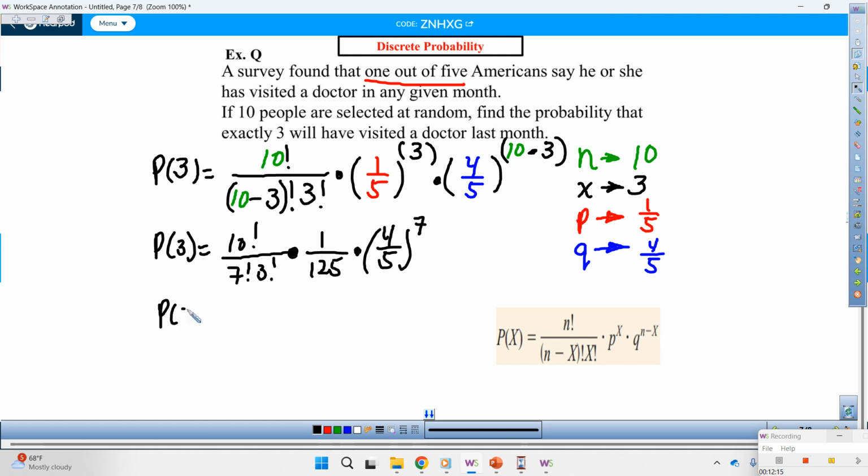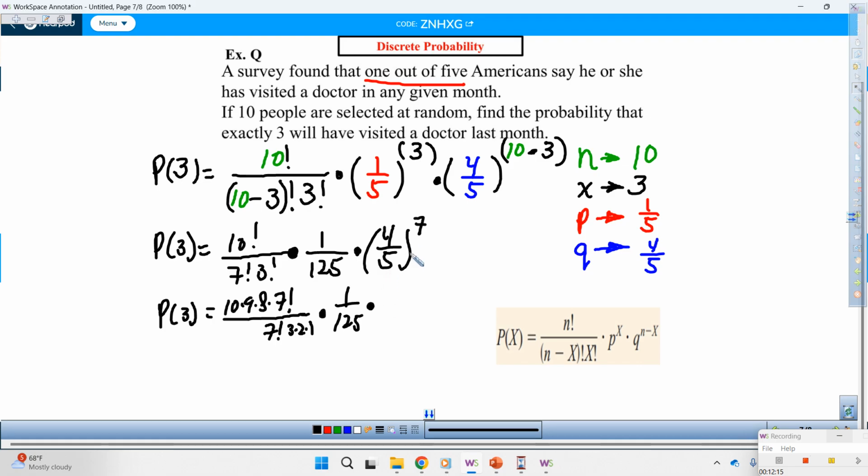All right. Probability of 3 is 10 factorial, which is 10 times 9 times 8 times 7 factorial over 7 factorial, and then 3 times 2 times 1, times 1 over 125 times 4/5 to the 7th.